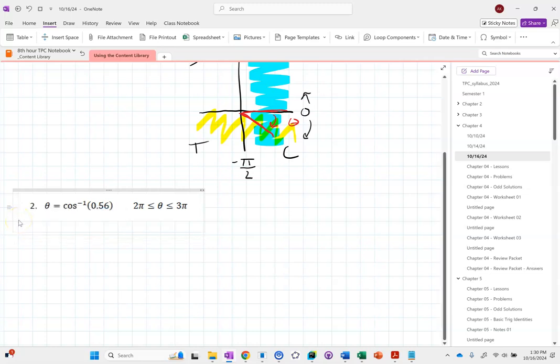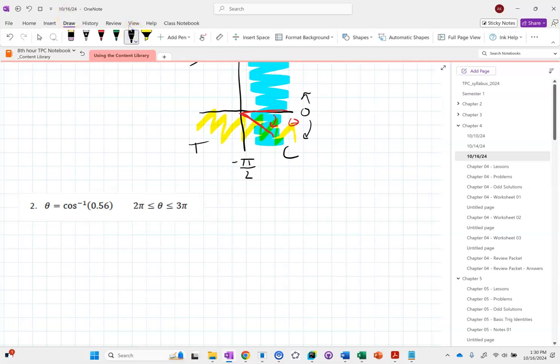So the first thing I'd want to do is look at the problem and decide whether this is a calculator problem or a unit circle problem. To do that, I'm just looking at whatever's inside the inverse. Is that a unit circle coordinate, 0.56? No, right? So it's a calculator problem.